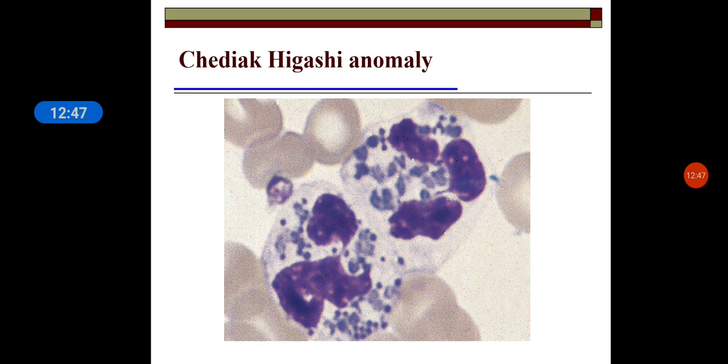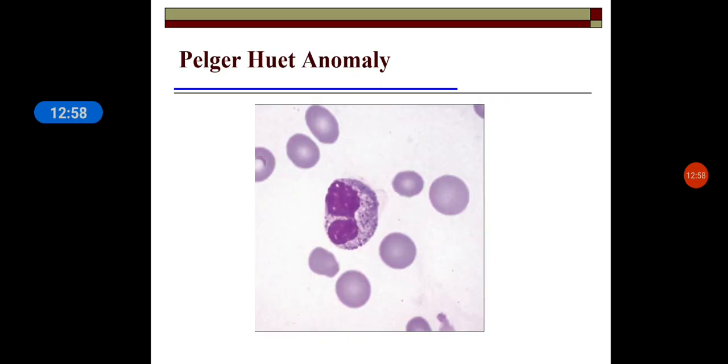Again, you can see the granules there and some coarse granules. Actually, these are some inclusions within the cytoplasm. Pelger-Huet anomaly is nothing but hypolobated forms of the neutrophils. Neutrophils normally have 2 to 5 lobes, right? So here it is hypolobated forms.